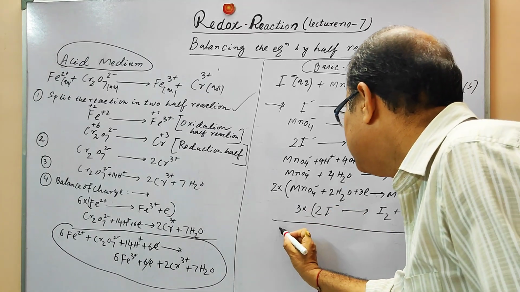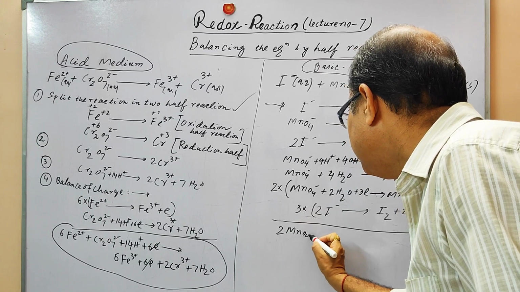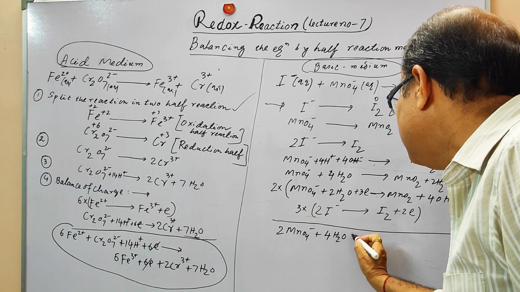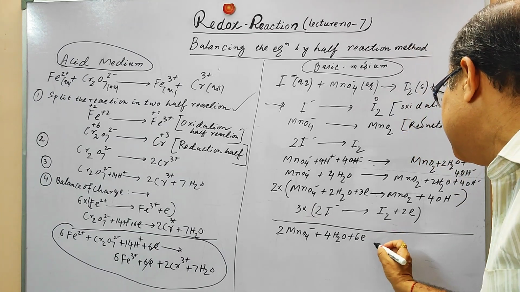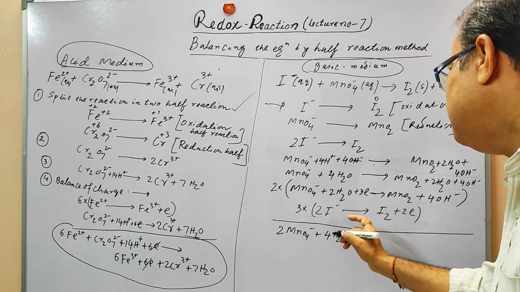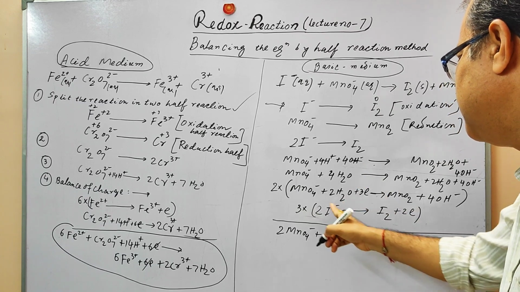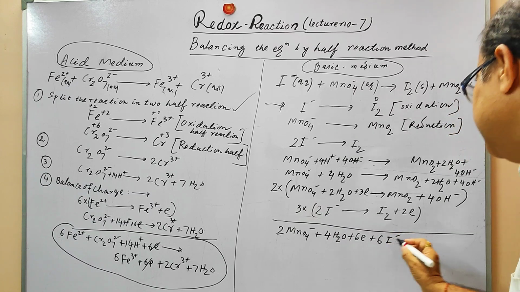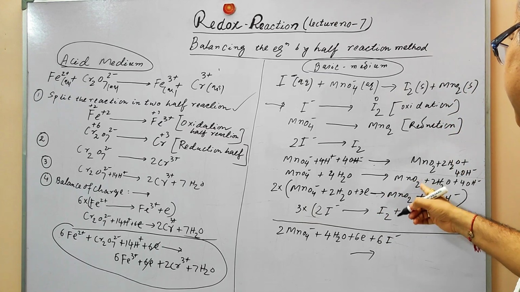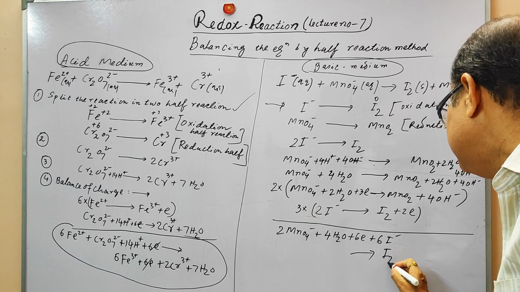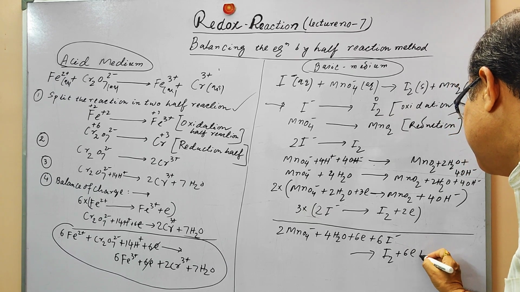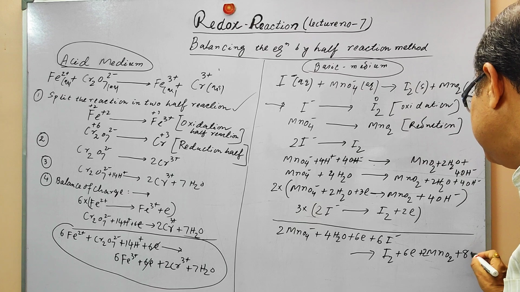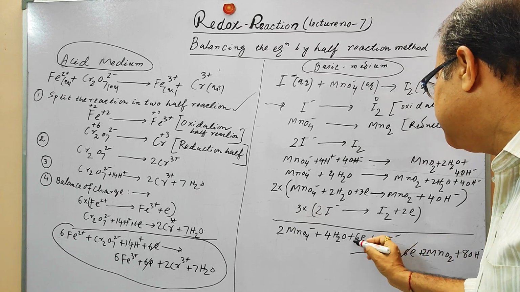We will get 2MnO4 minus plus 4H2O plus 6 electrons on the left hand side, and we will get 6I minus ions, equal to, on the right hand side, I2 plus 6 electrons plus MnO2, that we have to give 2, plus 8 OH minus ions. So here 6 electrons and 6 electrons cancelled.